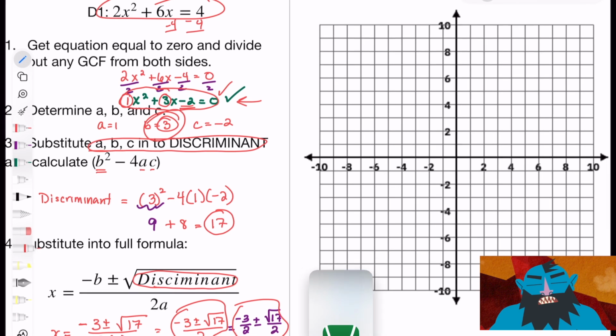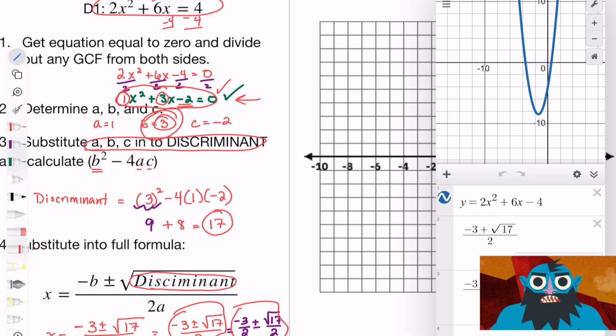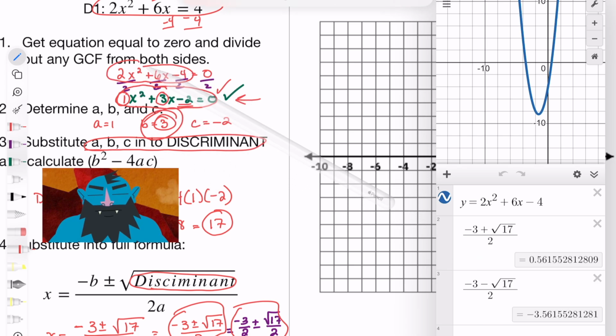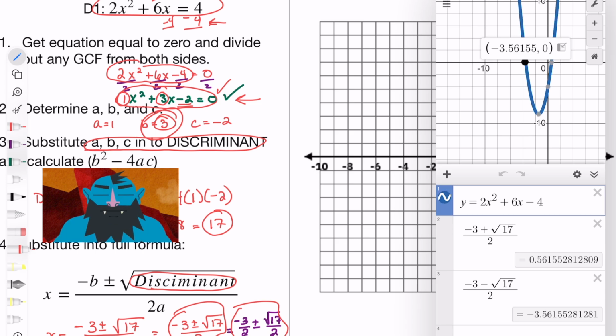I've gone ahead and graphed, before we divided out the 2, this initial equation after we took the 4 to the other side. I said, set y equals that equation, and that allows me to look at the x-intercepts to say, here's where y is 0: when x is negative 3.56 or when x is 0.56.